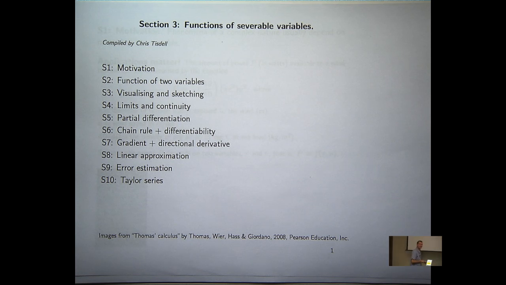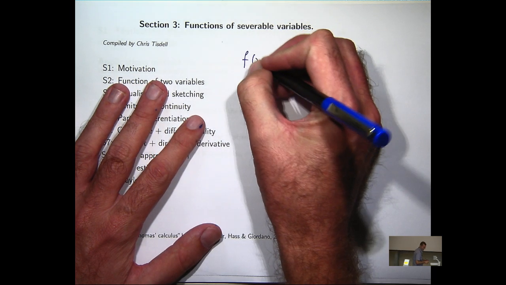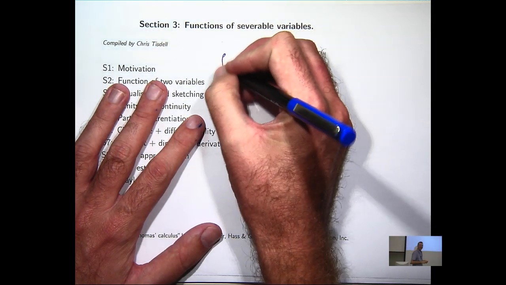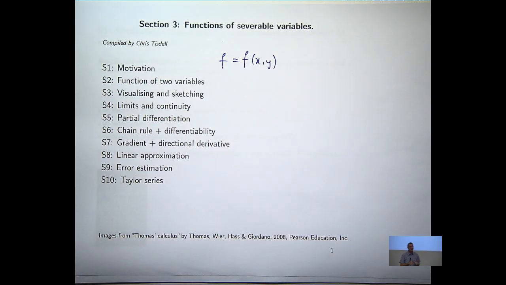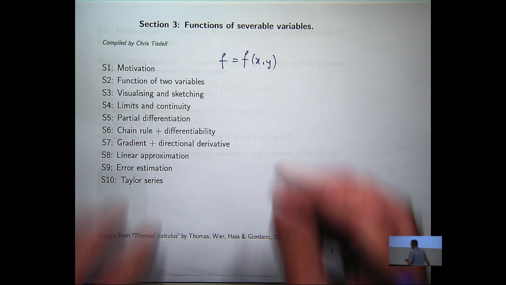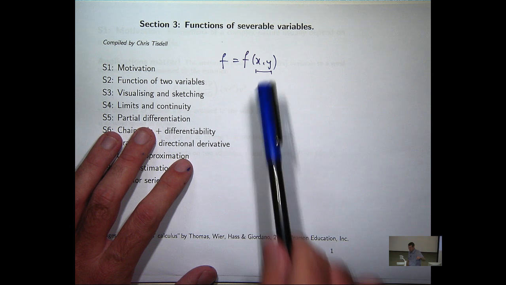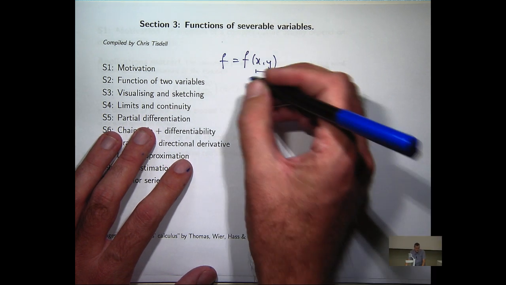I guess in one sense you can think of this section as, last year, for example, you would have looked at functions like this, functions of two variables. In a vector context, what happens if I write the independent variables as a vector?